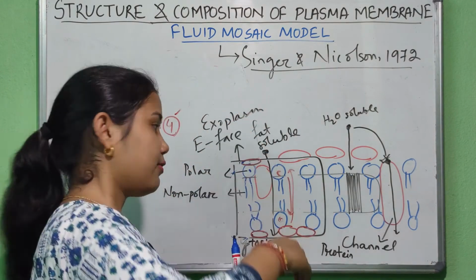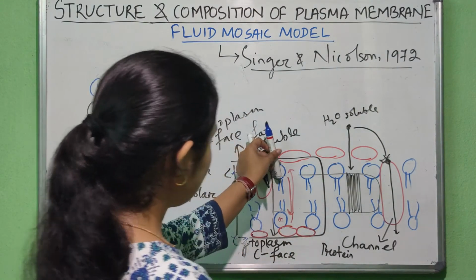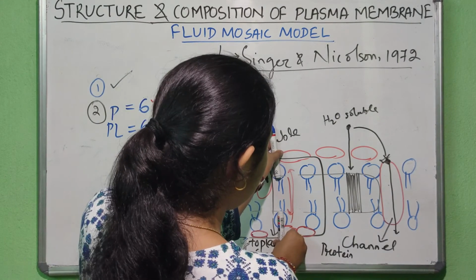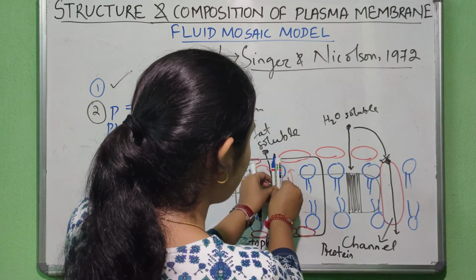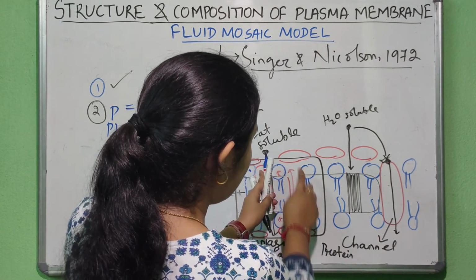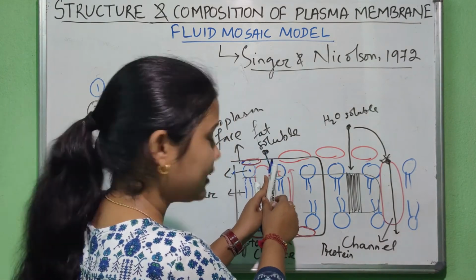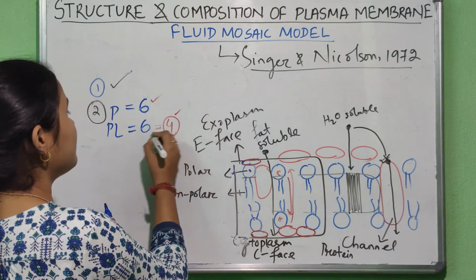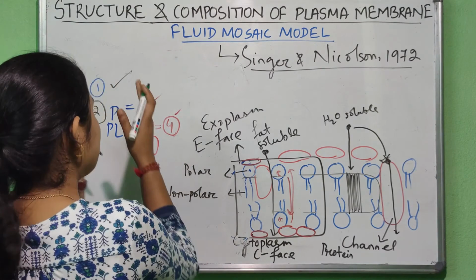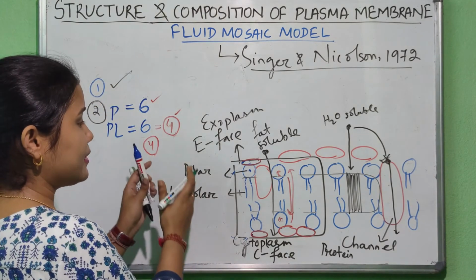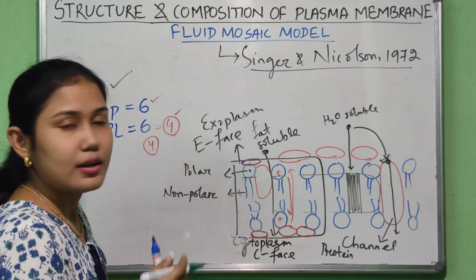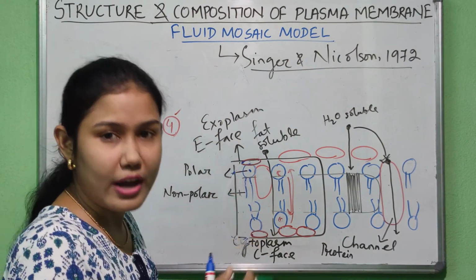Considering again the flip-flop movement, this is one lipid, this is another lipid, and at this position there will be vacancy here as well as here, right? So, the number of lipid will also be 4. Clear? So, it is proved experimentally that the protein to phospholipid ratio will vary.